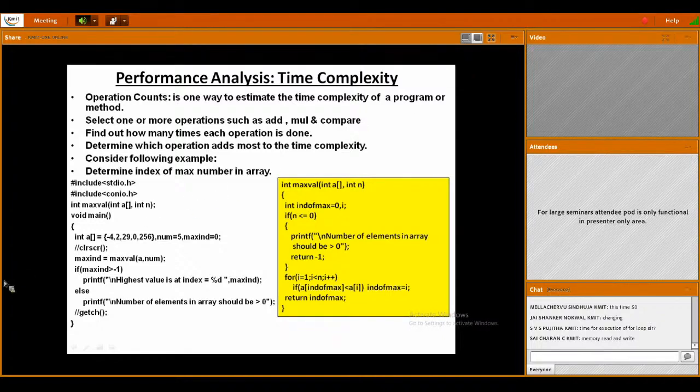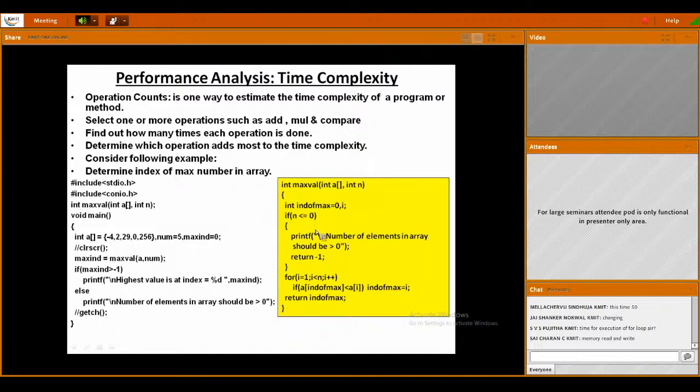Okay. Now, in the main function, I have created an array, initialized that array with 5 values. Also initialized the variable num with 5 and one more variable max index, that is short for max int, initialized with 0. Now I'm calling this function. I'm passing the base address of an array through this A that goes over here, and I'm also passing the number of elements in the array, that is the size of an array.